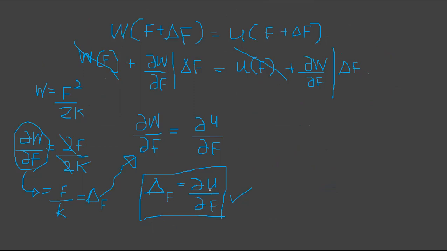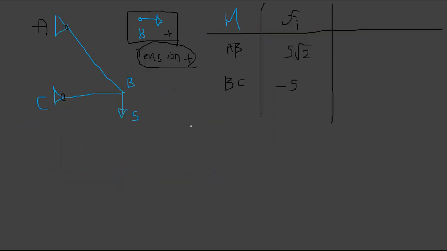So how are we going to do that? Now you have the forces, right? So this is how you do it. You need to find it in this way. So now, in the virtual work method, you apply a unit force.